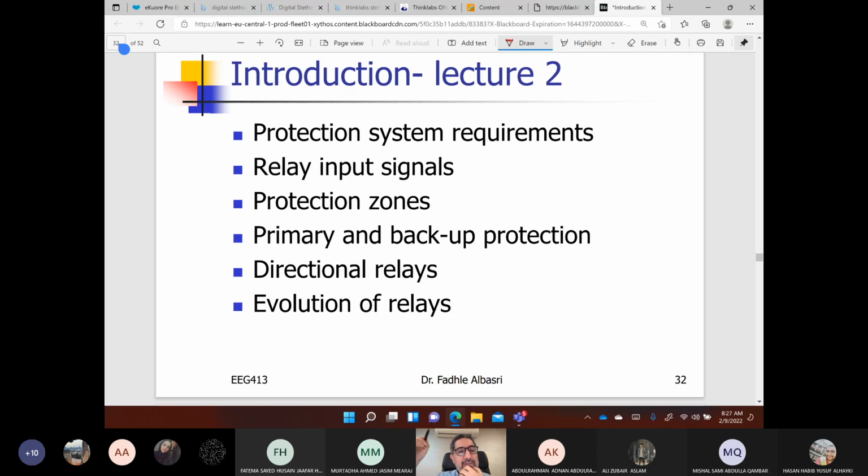Sometimes we might have a GPS antenna signal as input to a relay. We'll come to this, inshallah. Then the protection zones, and primary and backup protection. What do you mean by this? Directional relays, and the evolution of how relays have developed from electromechanical to today's numerical relays.